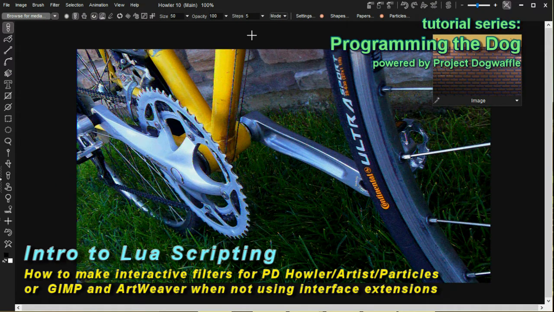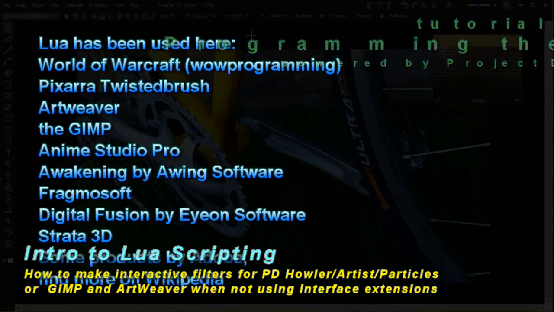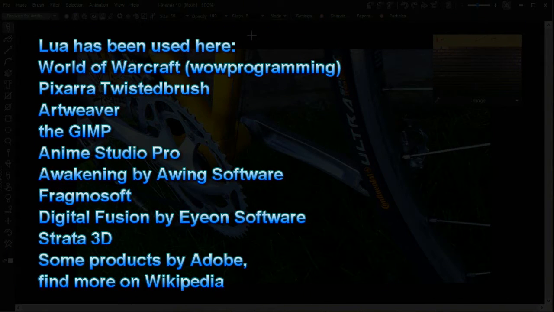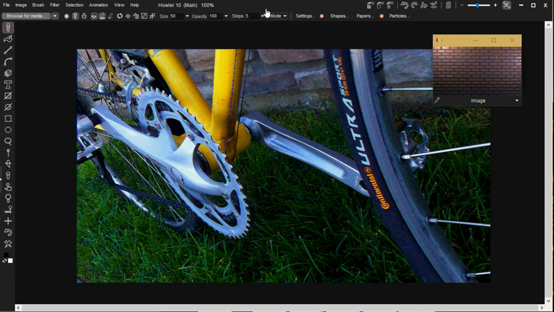Lua is a language that is very easy to learn, fairly modern. It's used a lot in game engines and other types of applications. There is an implementation of Lua specifically for Dog Waffle Howler, and there are also implementations for other programs like GIMP and other image processing programs.